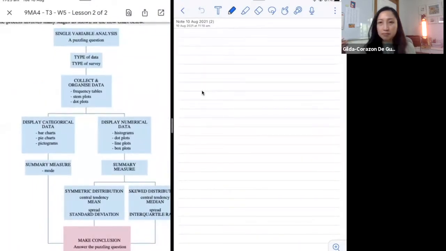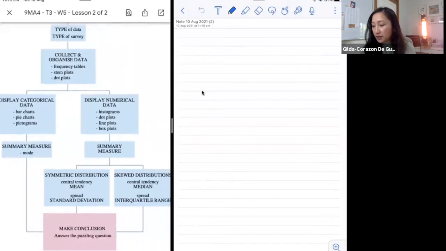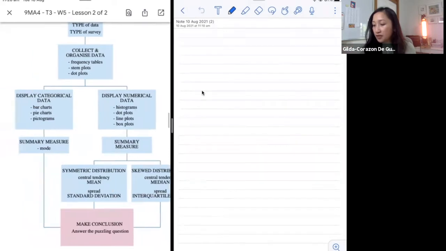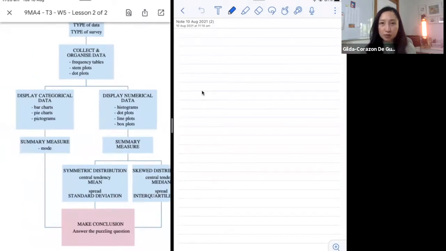We would be figuring out the center of the data, and normally when it is numerical data, we've got either the mean or the median to determine the middle. But if it's categorical data, obviously there wouldn't be any numbers, and therefore we would figure out the mode, or the most frequent.